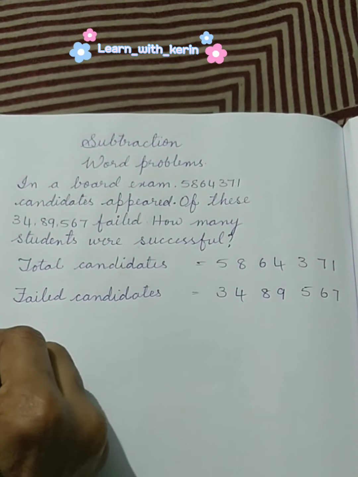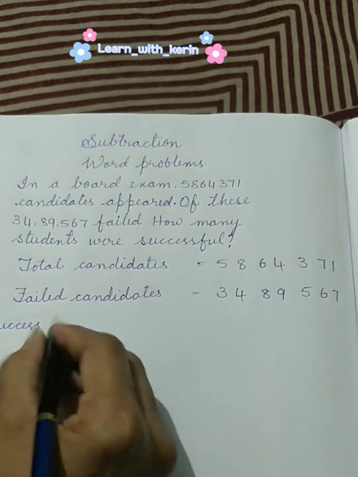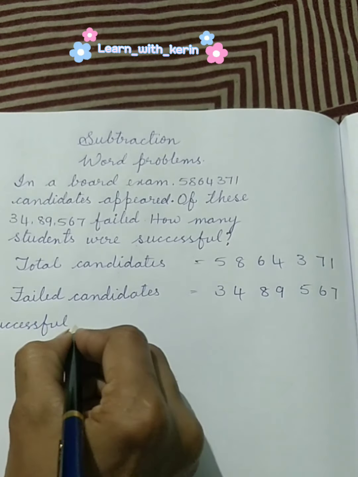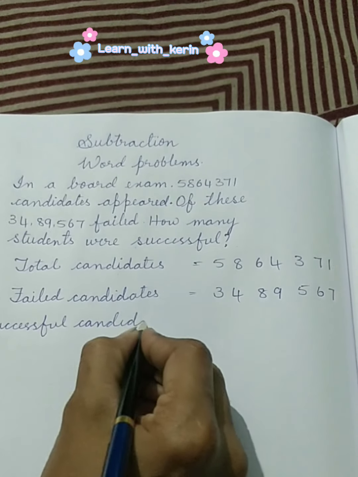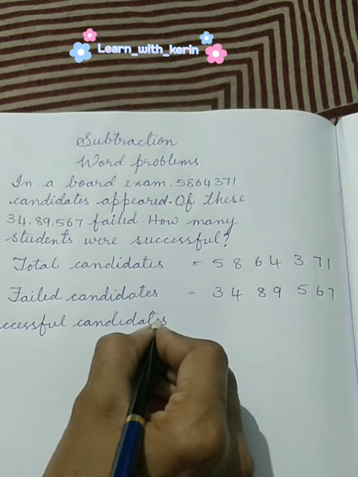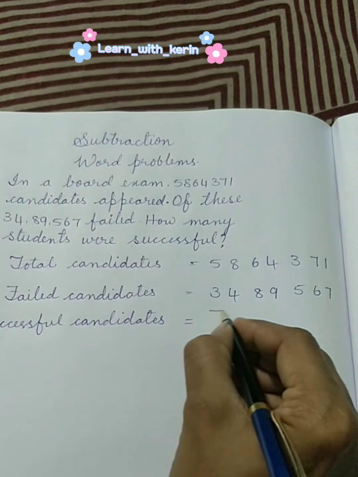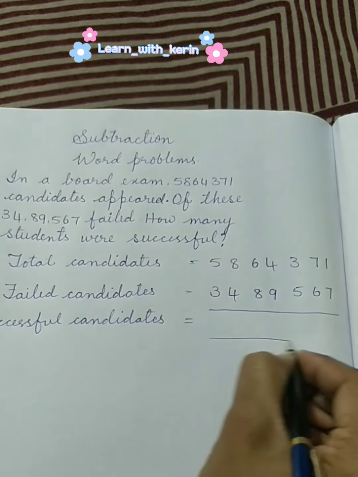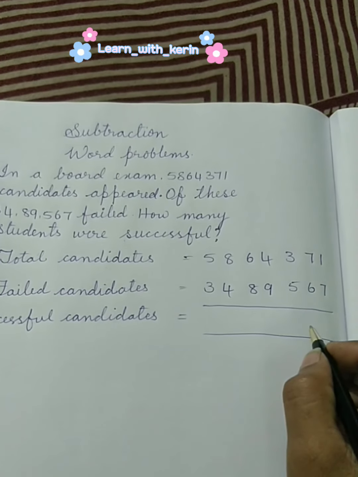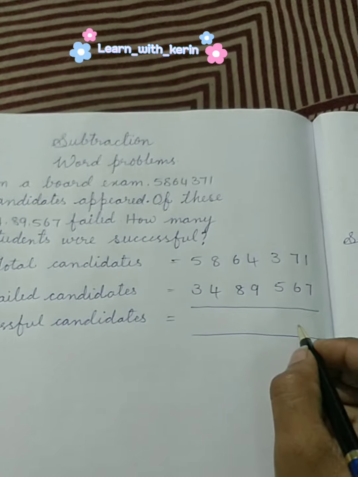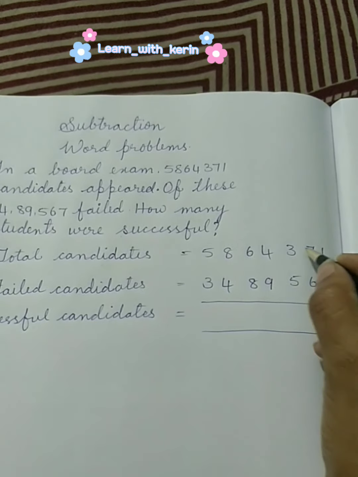So we'll write the statement successful candidates. So let us find how many were successful in the board exam, children. To find how many were successful in the board exam, we need to subtract both the numbers.